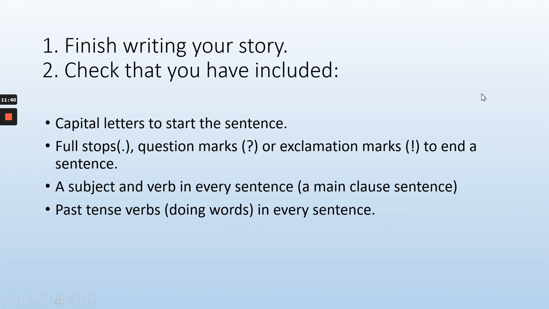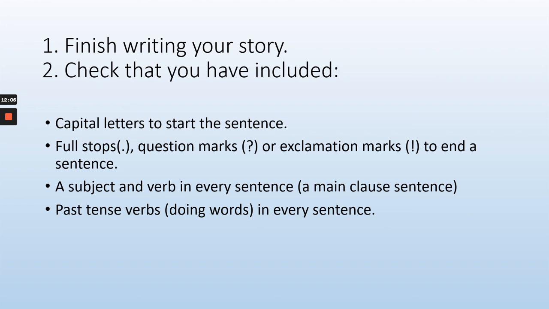Okay, we are almost finished perfecting our work so it is the best that we could do. There are a few last things you need to check. Capital letters at the start of every sentence. Full stops, question marks if you're asking a question, or exclamation marks if someone's shouting, to end each sentence.